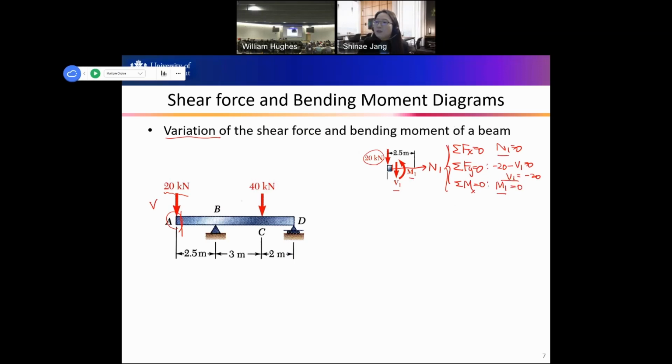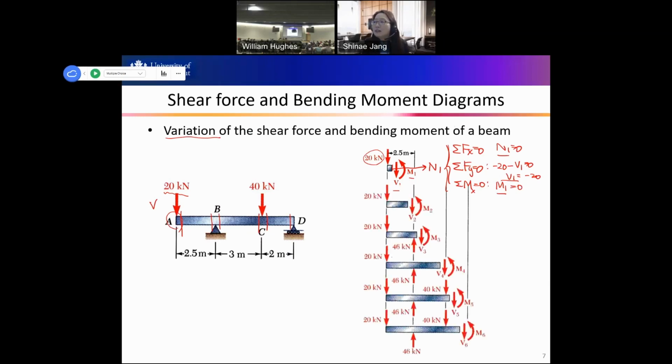Okay. And then we can cut before B, after B, before this 40, after this 40, and then before D, something like that. You can choose the number of cut sections, think about equilibrium, solve these three equilibrium equations per cut section, and then find V1 to V6 and M1 to M6.